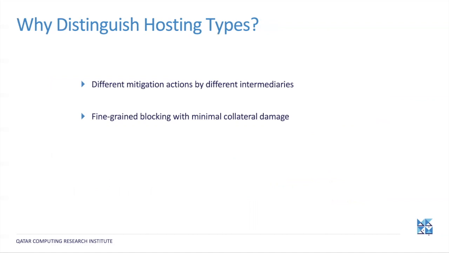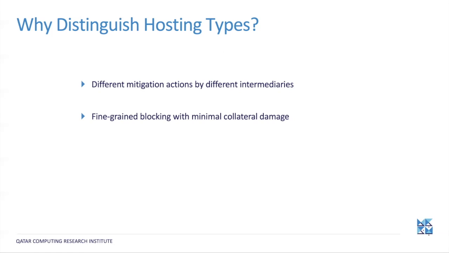You might wonder why it is important to distinguish hosting types. There are several reasons, in fact. Different mitigation actions by intermediaries are taken depending on the hosting type. For example, if it is a compromised domain, the domain owner is likely to take mitigative actions, whereas if it is an attack domain, it could be the internet registrar or the hosting provider who takes the action to clean it up.